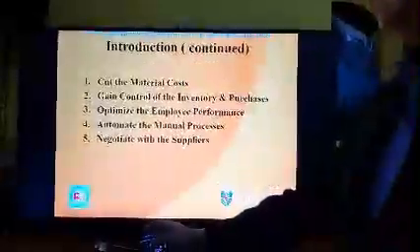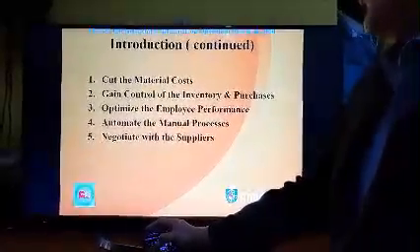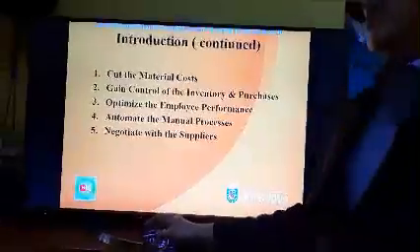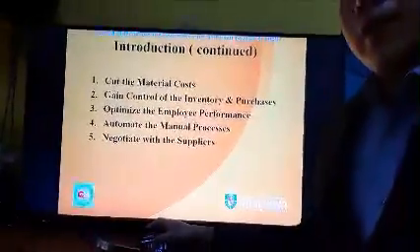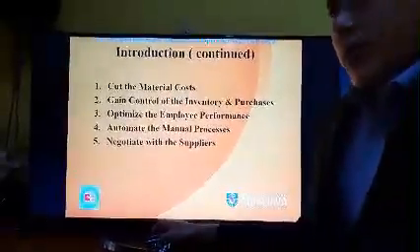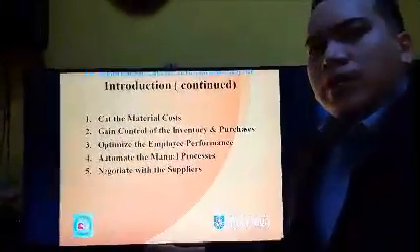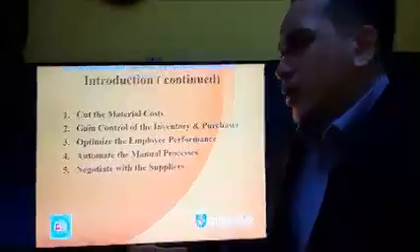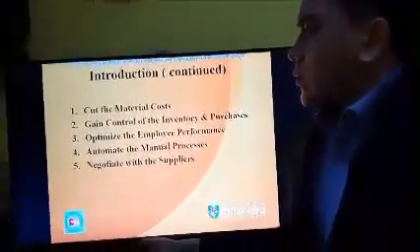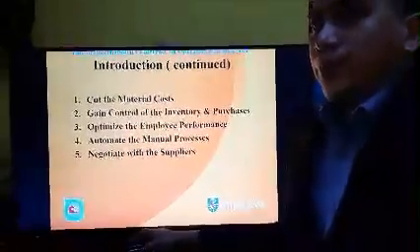And we must know how to cut the material costs. In the production, material is one of the main elements needed to produce an item, so lowering the material cost will increase the profit in the company. The second, we must know how to gain control of inventory and purchase.